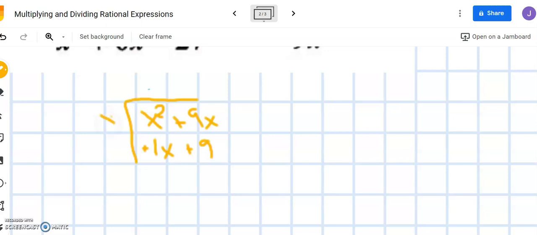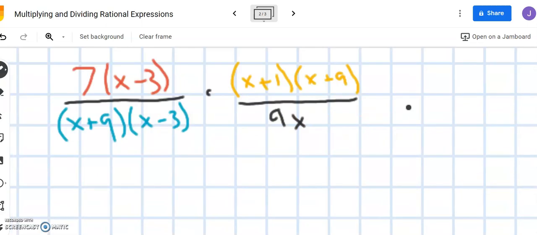So x comes out of the top row, which puts another x here, which means I need a 1 here and a 9 here. So the top of that fraction will factor to x plus 1 times x plus 9. So our factored form of the fractions looks just like this.